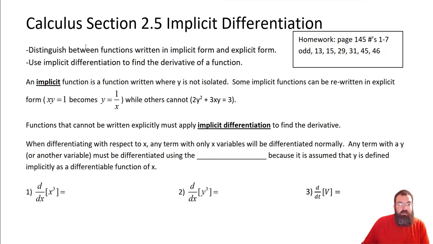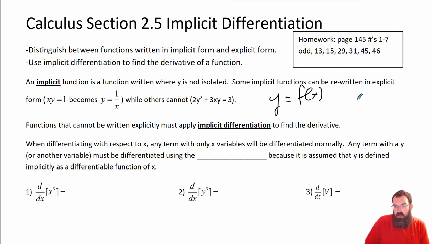We want to distinguish between functions written in implicit form and explicit form. We want to use implicit differentiation to find the derivative of a function. An implicit function is a function written where y is not isolated. Almost all the time we've always had y equals some function f of x.